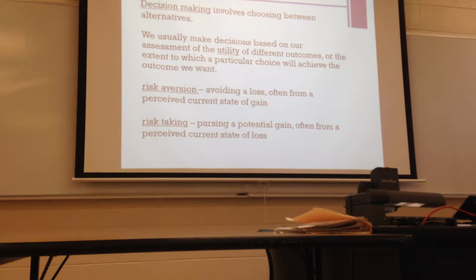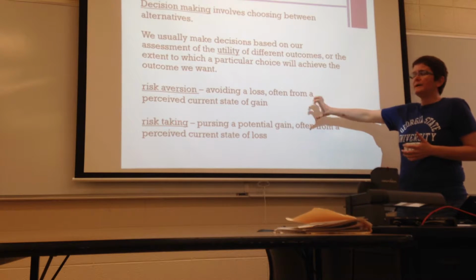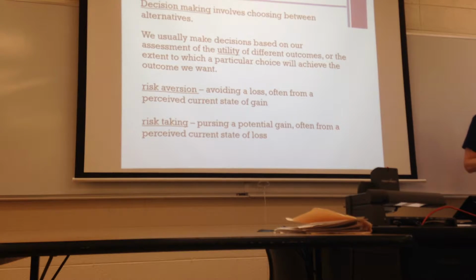And we want, obviously, to get as much benefit out of our choice as possible with as little cost as possible. That seems to make sense, right? And depending on our situation, we may view cost and benefit quite differently.